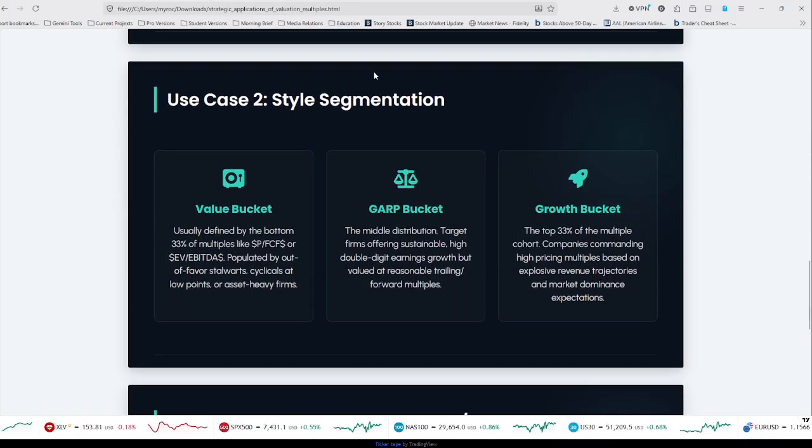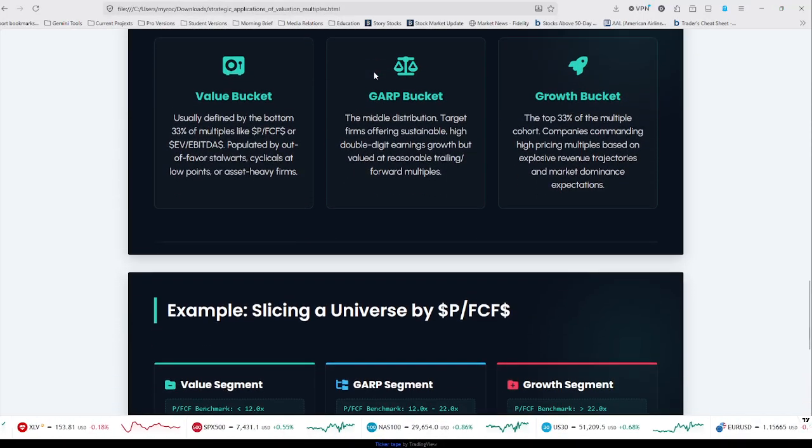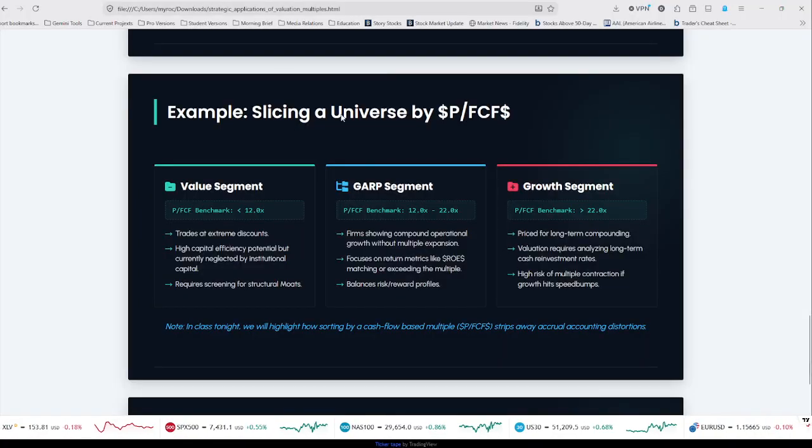Now, we talked about my favorite, which is the style segmentation, which takes the market and splits it into these different groups. And what I like to do, this is how you get the best out of the discounting thing, I pretty much say to myself, I cannot invest in this, I cannot invest in that.